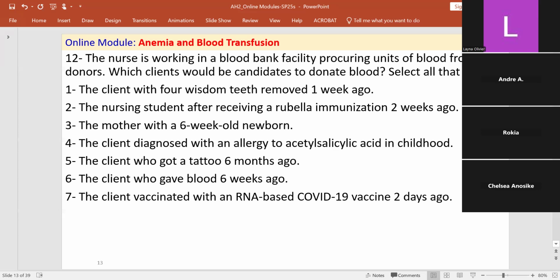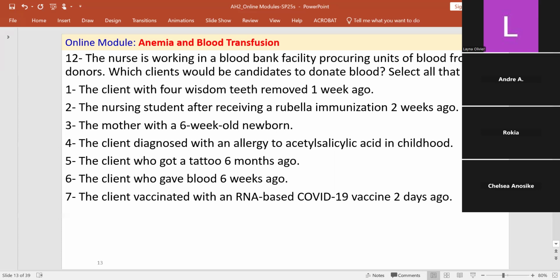Okay, this is a great question because this has to do with blood products and the criteria for blood transfusions: who should receive, who can donate blood products. So in this case, we are going to say which client would be a candidate for blood donation.